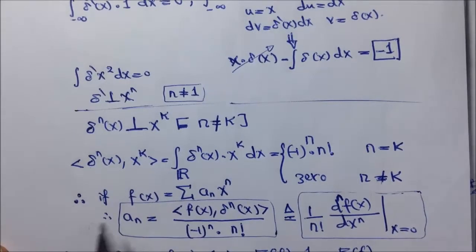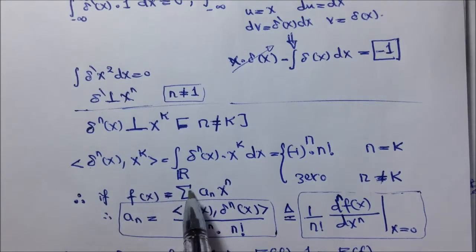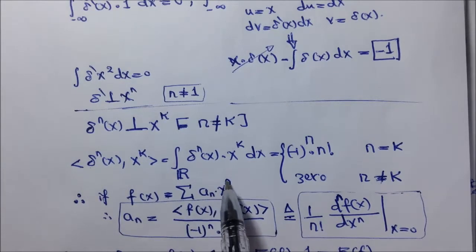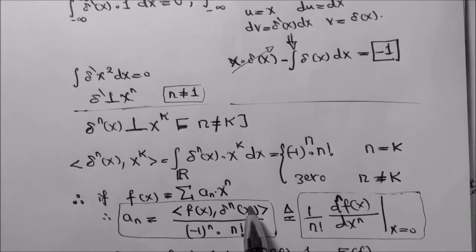So if Taylor claimed that f of x can be expanded according to this formula, the summation of a_n times x to power n, where x to power n doesn't form an orthogonal set, then according to the biorthogonality with delta n of x, a sub n, the coefficient, can be determined by the correlation between the function to be expanded f of x and delta n of x, and then of course normalized by this factor.